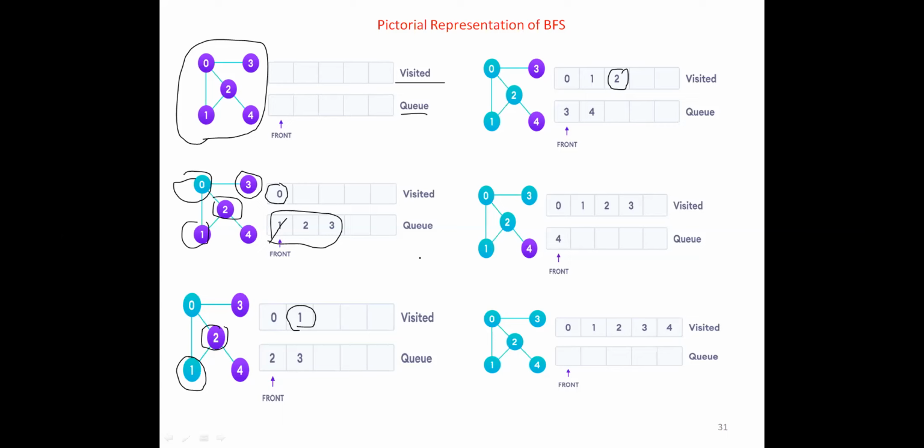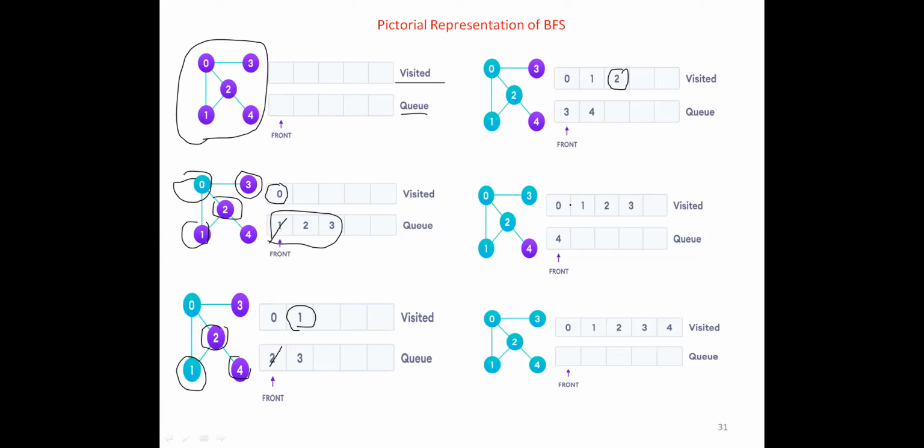Next, what will I do? I will remove 2, dequeue 2. Once I dequeue 2, I have to visit its elements, and I have only 4 in this. So I just directly add it into the queue.